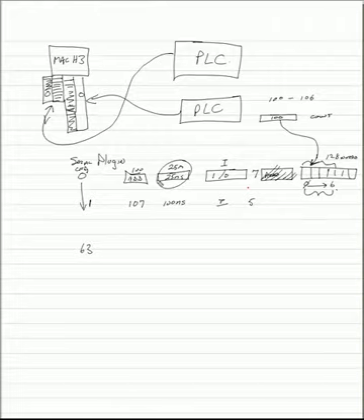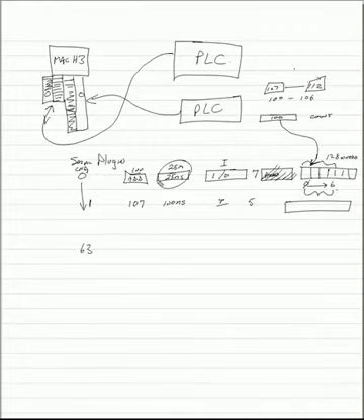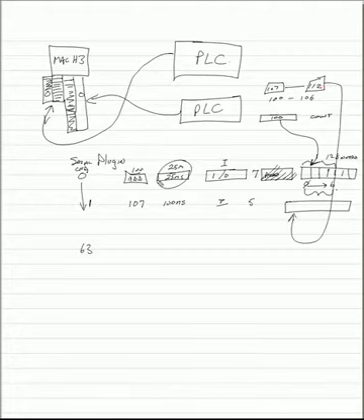Each configuration has its own data buffer. In that data buffer, address 107 in the PLC, all the way up to 107 plus 5, so address 112, will be transferred into the data buffer of configuration 1 starting at address 0, 1, 2, 3, and 4.